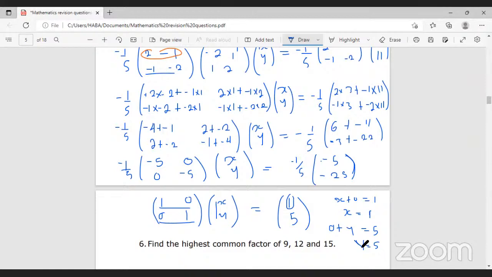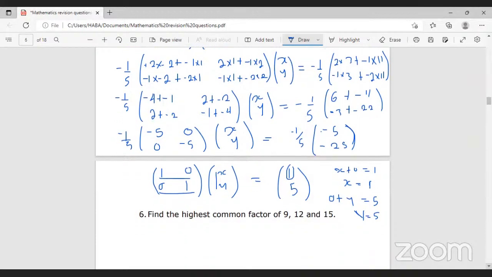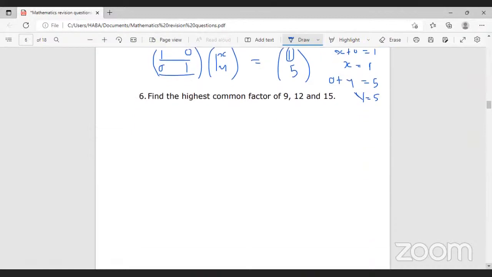Shall we continue? This number 6 is yours to do, because it's very simple. We shall do it. Let us copy it. We are just copying to proceed. We have finished copying. So you do it.